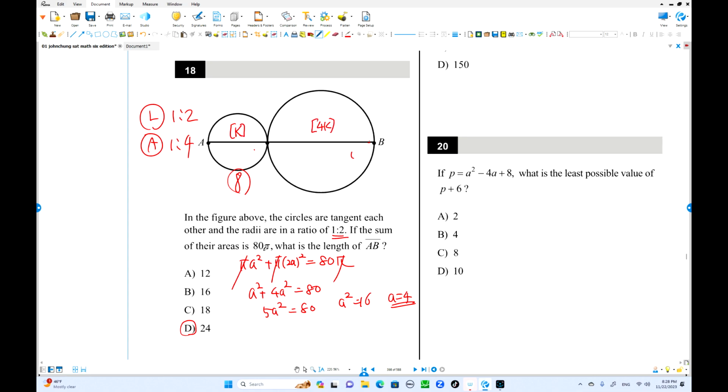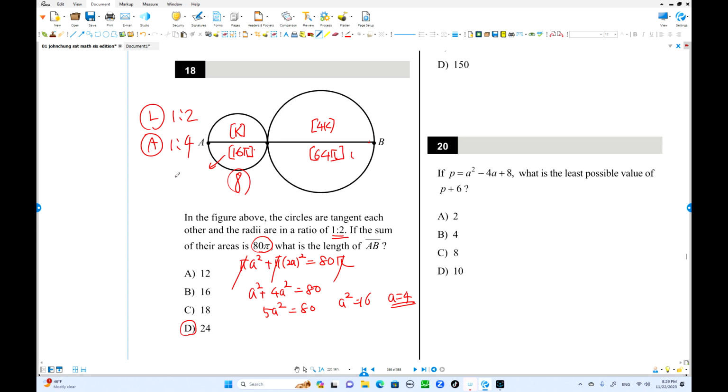Total is 80 pi, okay? So you can divide by 5, what is it? 16. So this area is 16, the other one is 16 times 4, which is 64. So it's 16 pi and 64 pi. That's the area, 1 to 4. Using this, you can find the radius.